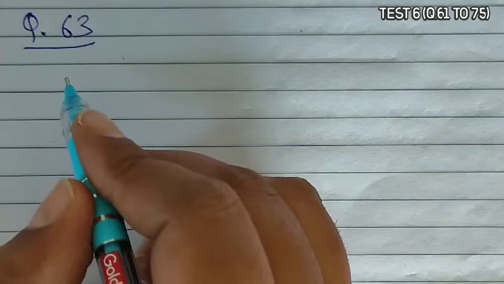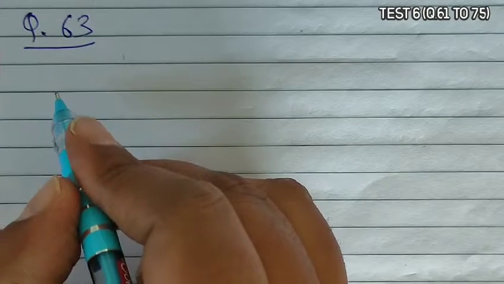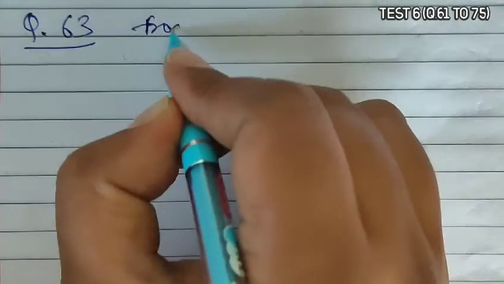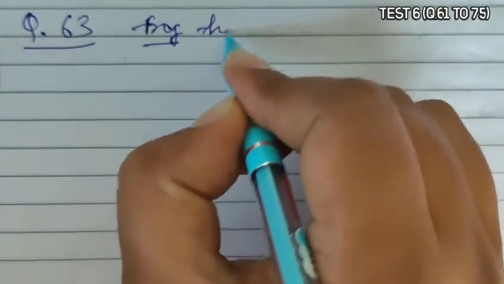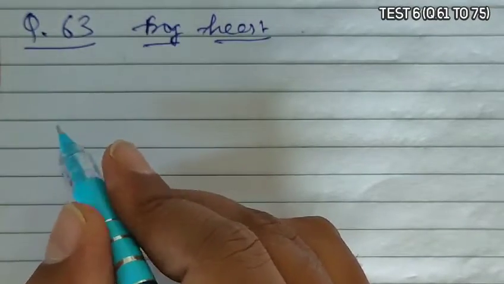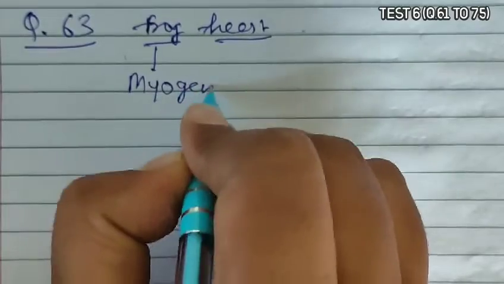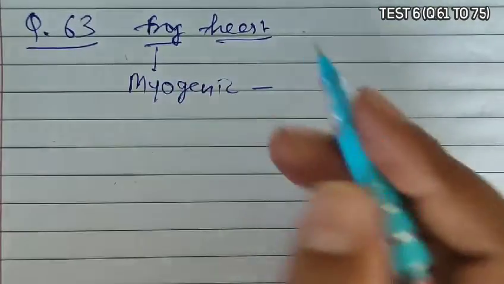Next is question 63. It asks why a frog's heart, when taken out of the body, continues to beat for some time. Because the frog's heart is myogenic.